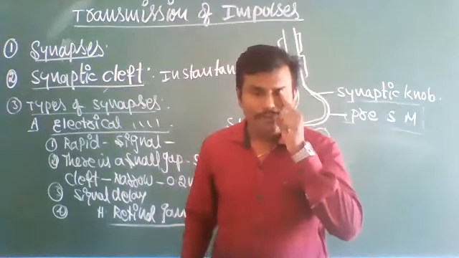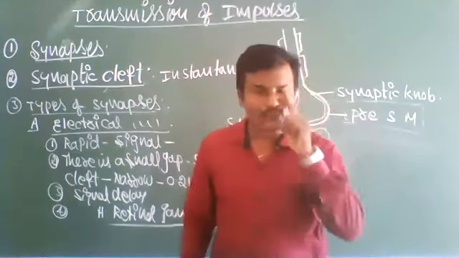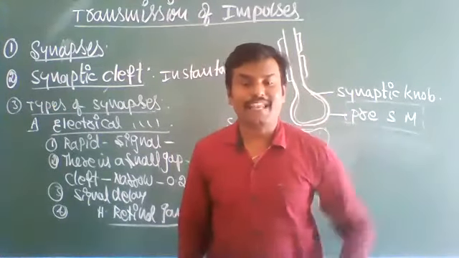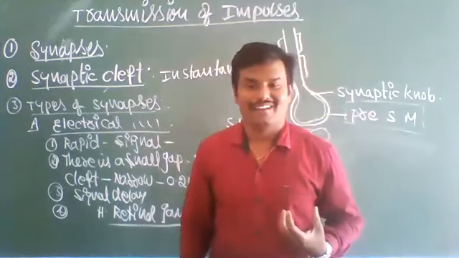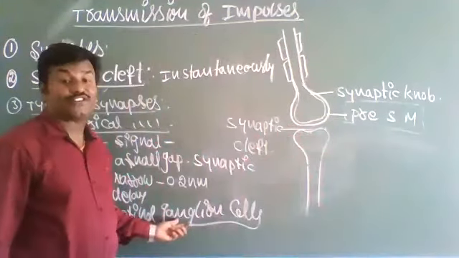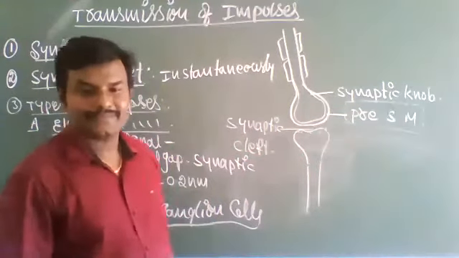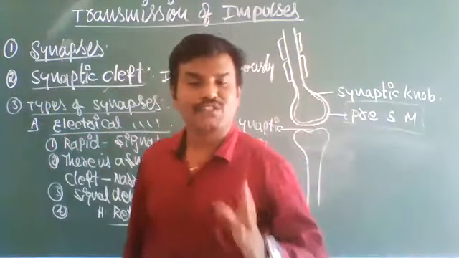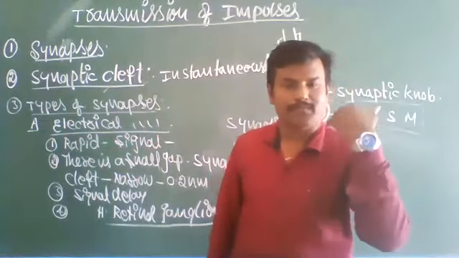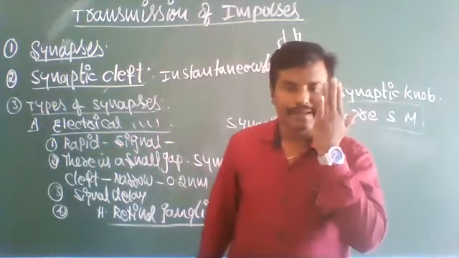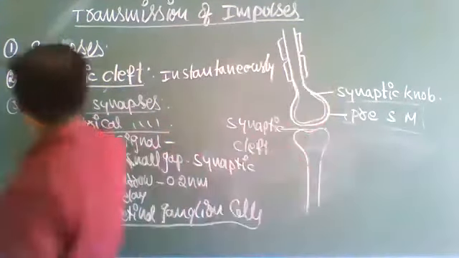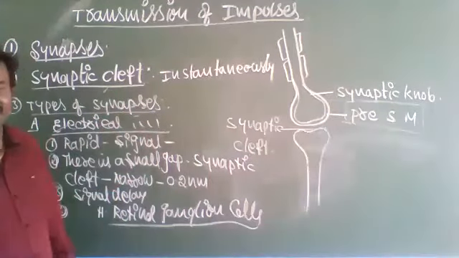Bidirectional means what? From our eye to brain, brain to eye. In the retinal ganglion cells, the masses of nerve cells, electrical synapses are bidirectional.